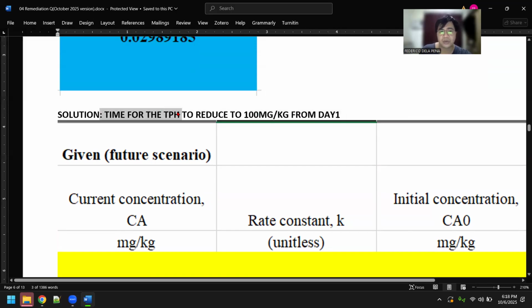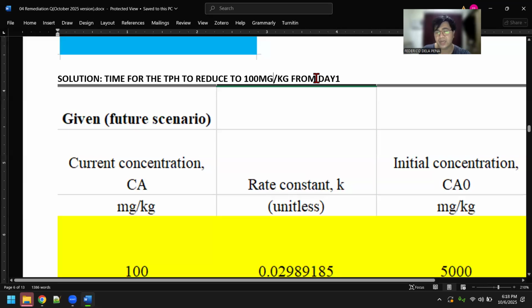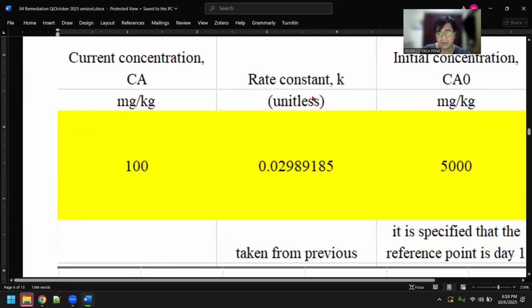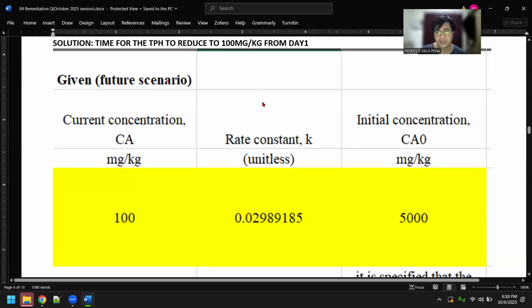You would like to know how long it would take for the contaminant to reach this level of concentration relative to day one. So from day one, let's count how many days it would take for the contaminant to reach this level. And the solution is shown here.